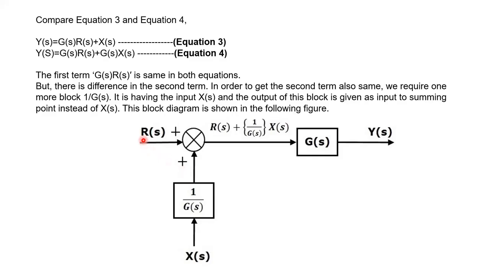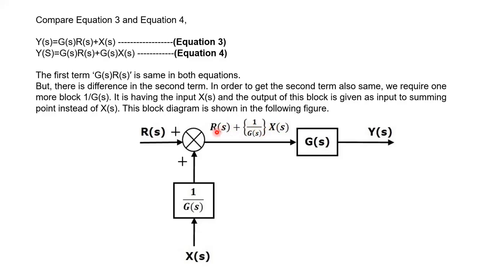So from this summing point, the output will be R(s) plus this input, and that is X(s) divided by G(s). So you get 1 by G(s) into X(s), that is nothing but X(s) divided by G(s).